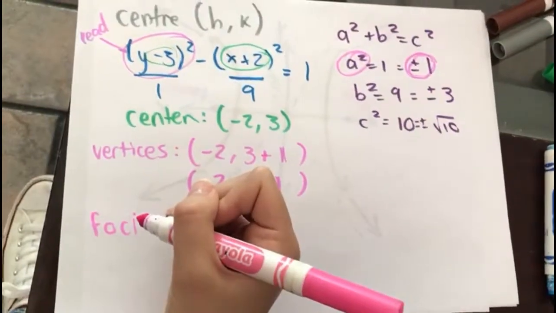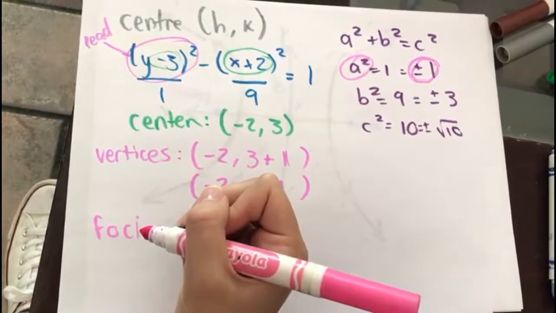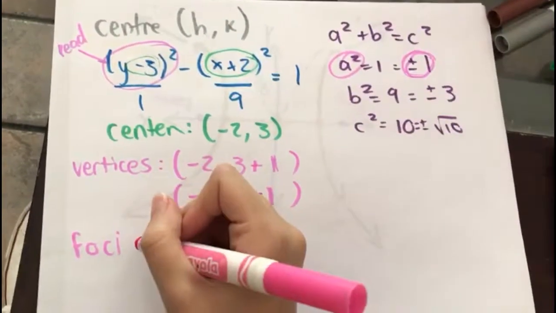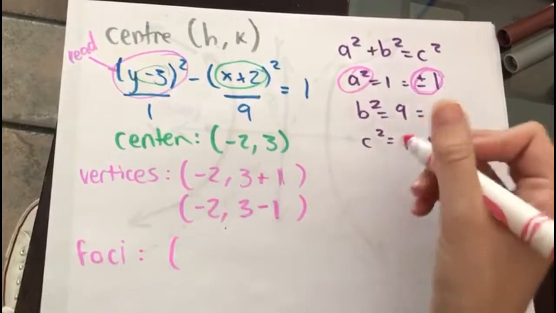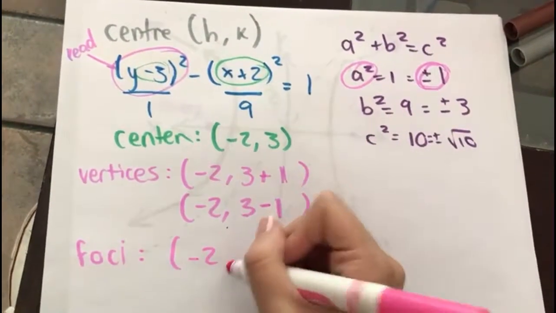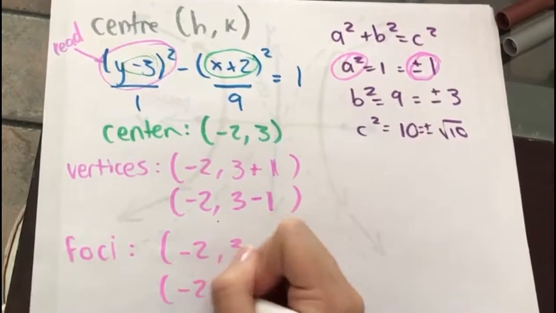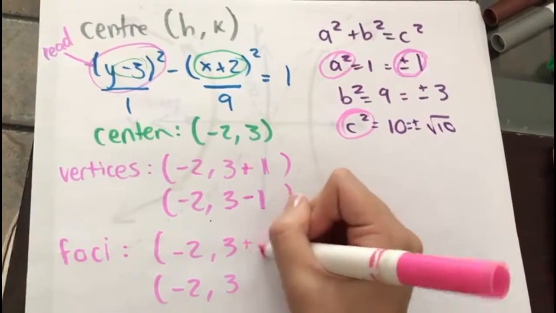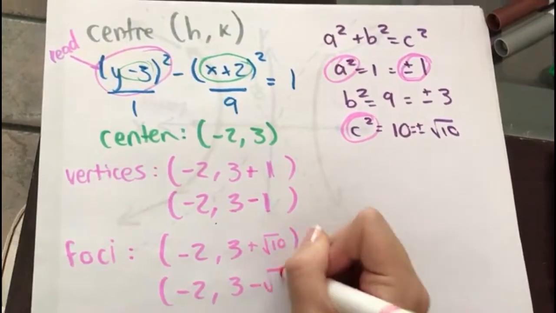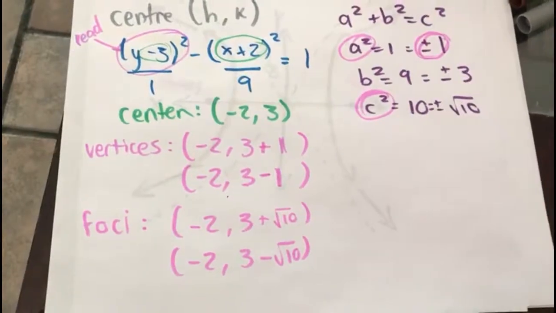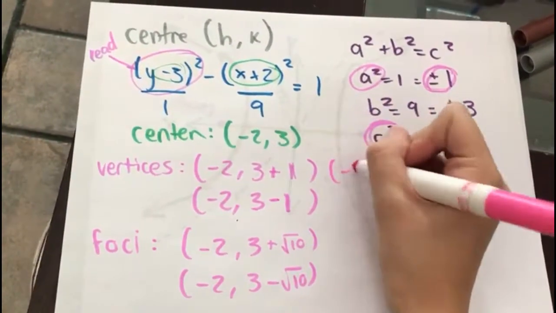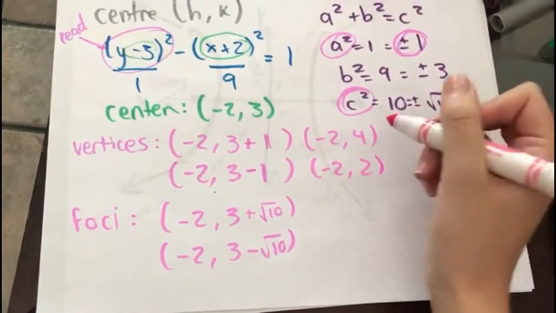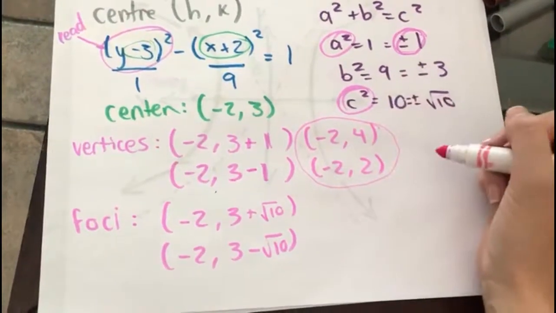As I already explained, the foci are inside the two hyperbolas. So we also add to the y-coordinate the c, which is plus and minus the square root of 10. So our two vertices are -2, 4 and -2, 2.